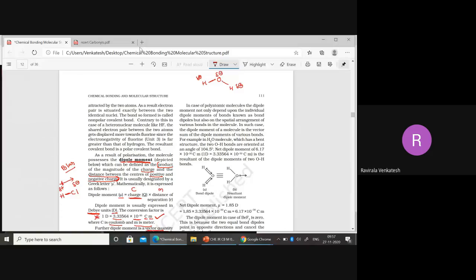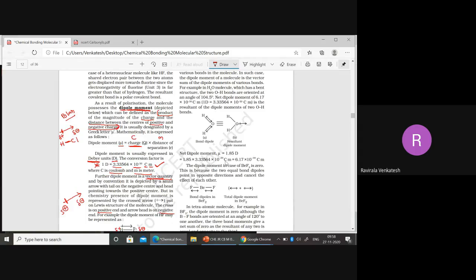Now we have to show arrow marks like this, hydrogen to oxygen, and again hydrogen to oxygen. And the resulting dipole moment I can show something like this, because both are added here. It is a cumulative vector quantity, both will be added. Now because of addition, what are you going to get here?